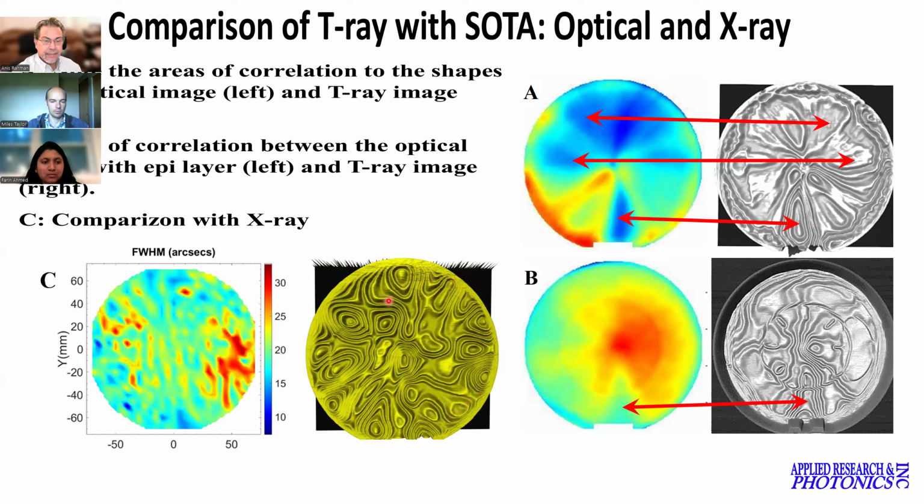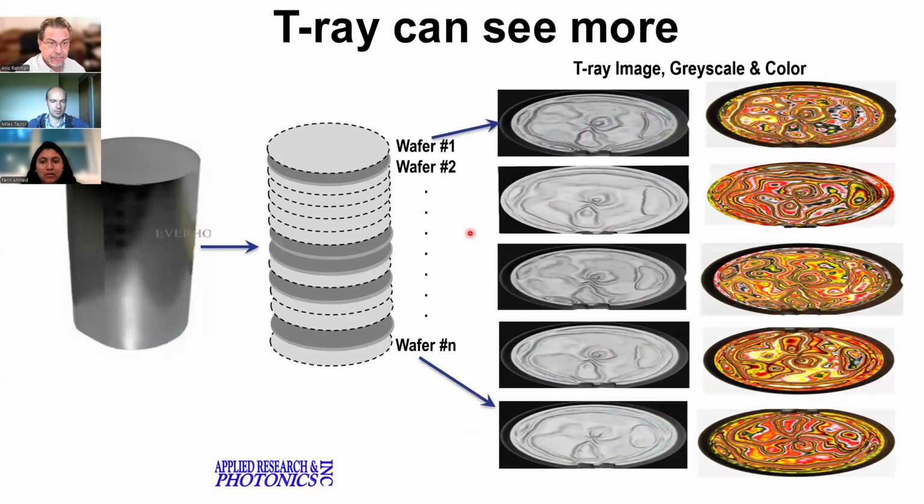So unless we can fix all of these issues that are in there, that were not known up until now, the boule growth is going to suffer. So how do we know that what we see is real? Because we were lucky to get a number of wafers in sequence from the same boule.